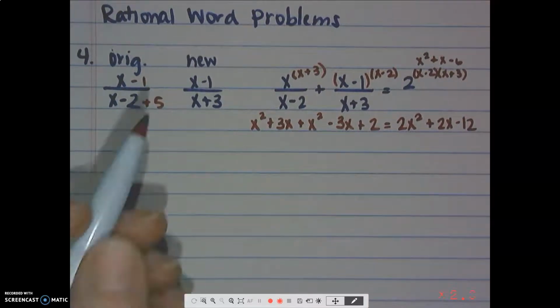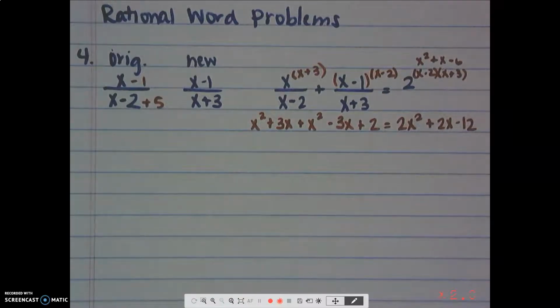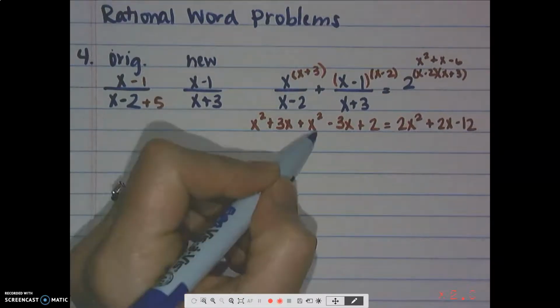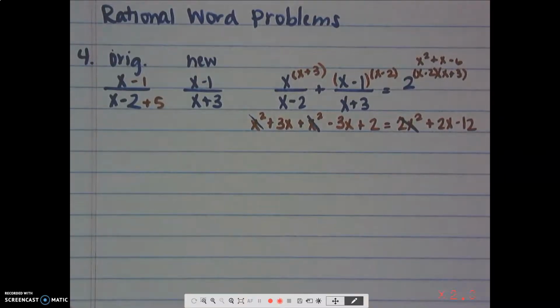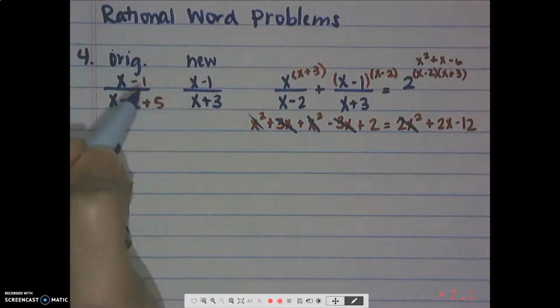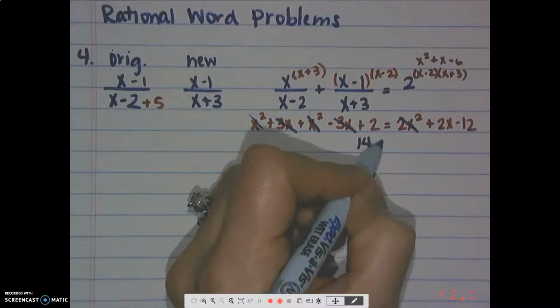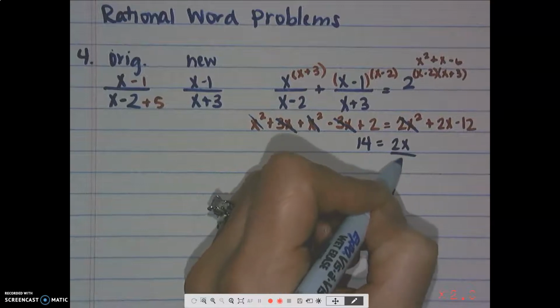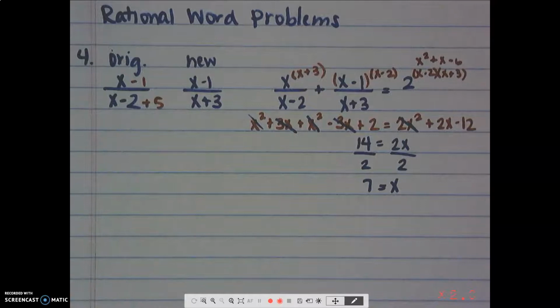All right, so if we clean stuff up here, I notice we've got an x squared here, x squared here, so it's 2x squared, and that 2x squared would go away with each other. The x's go away there, makes a 0 pair. That means I'm going to move this 12 over, and we would have 14 equals 2x. Dividing by 2 on both sides, that tells us that x equals 7.